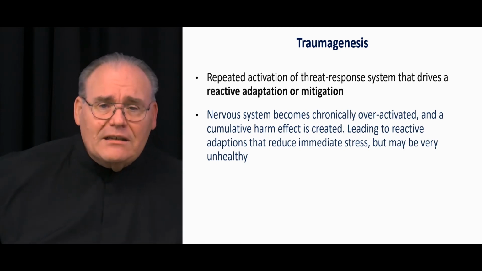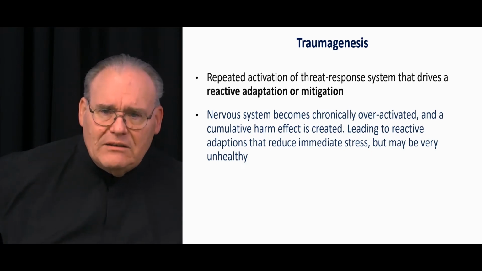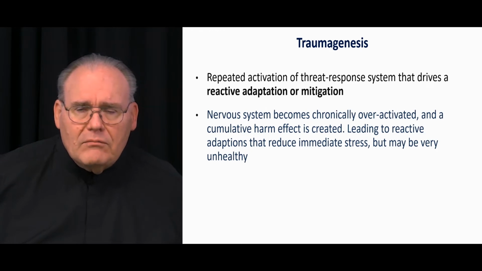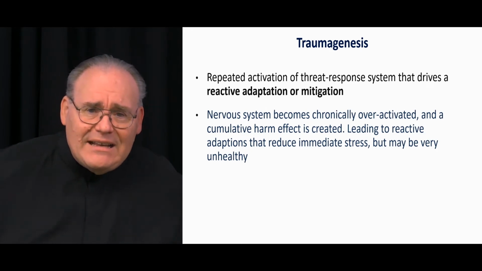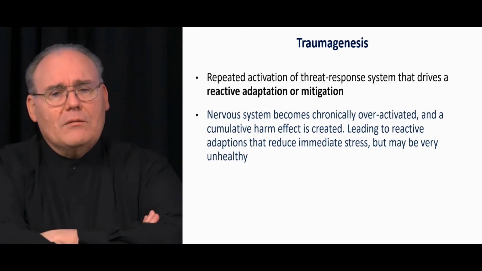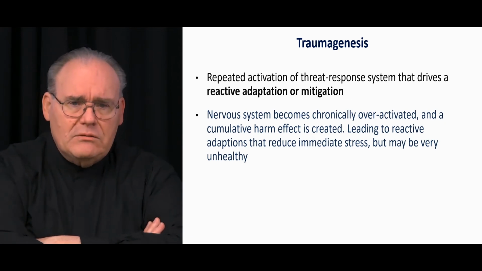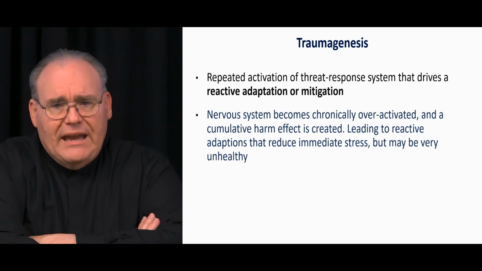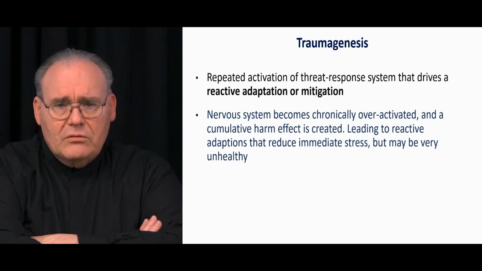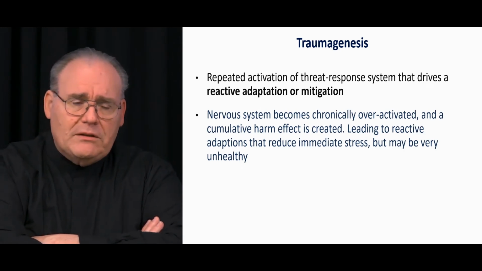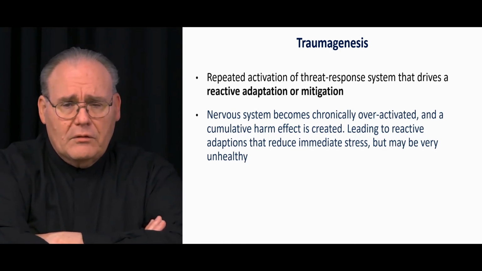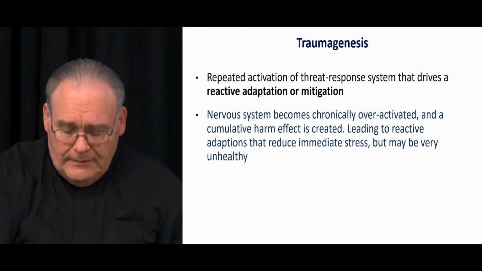They're reactive systems, they're defensive systems. And the more you use them, the more easily they are accessed by us, and the more likely we are to use them. So we can have reactive adaptations and mitigations to reduce our immediate stress, but in the long run, they prove to be unhealthy. That's why we call it a cumulative harm effect.